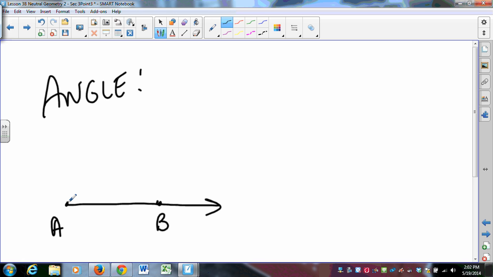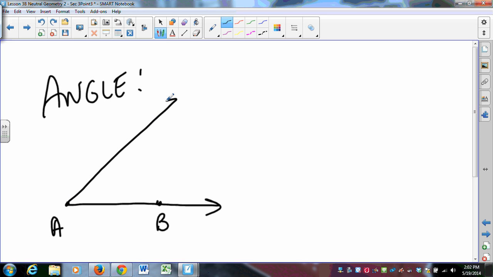Ray AB is segment AB, and then all those points P such that B is between A and P. If I take any other ray that starts at A and is not opposite to AB, the opposite ray would go that way, you'd get a line.